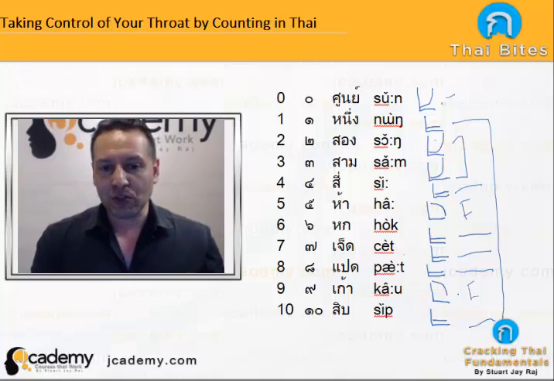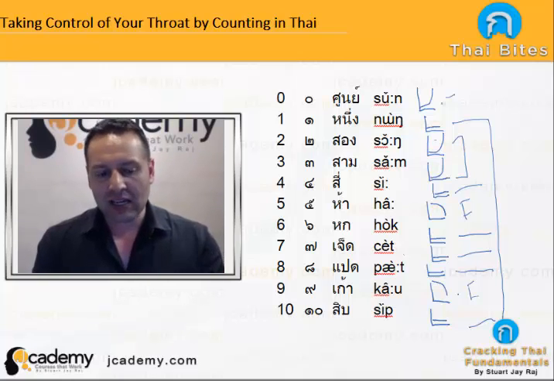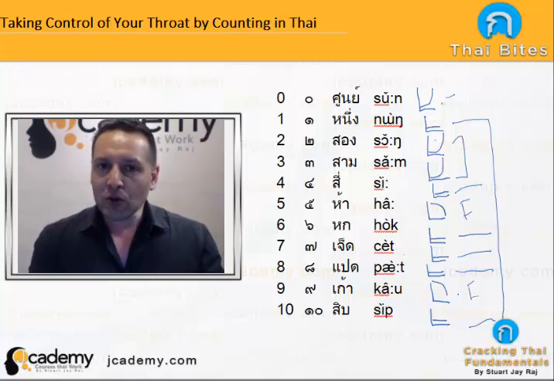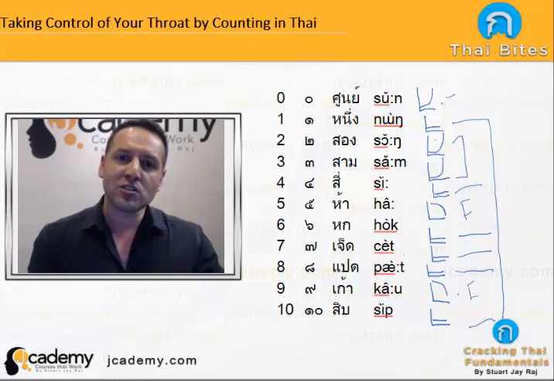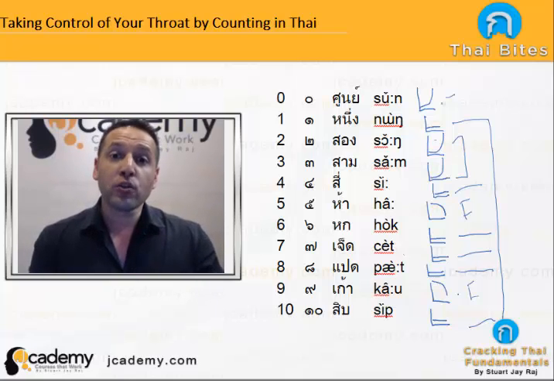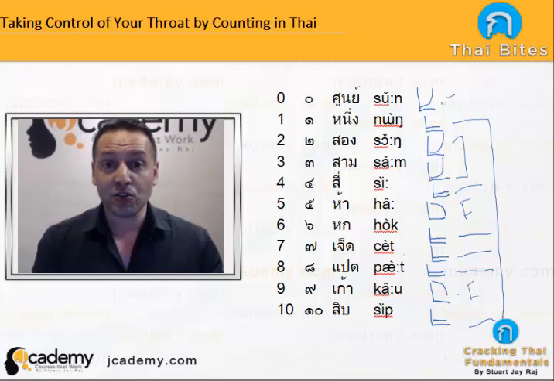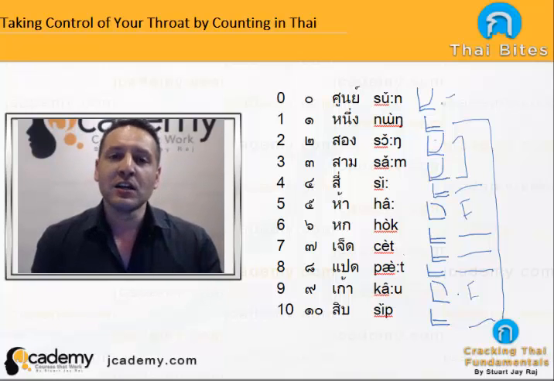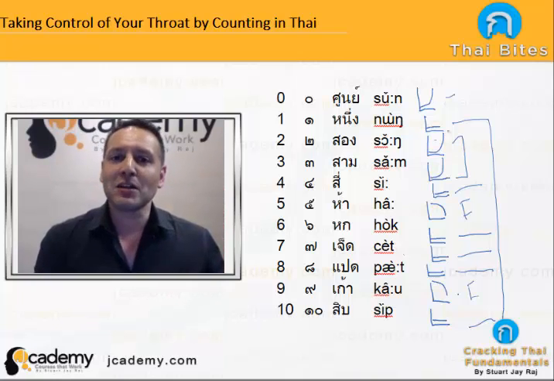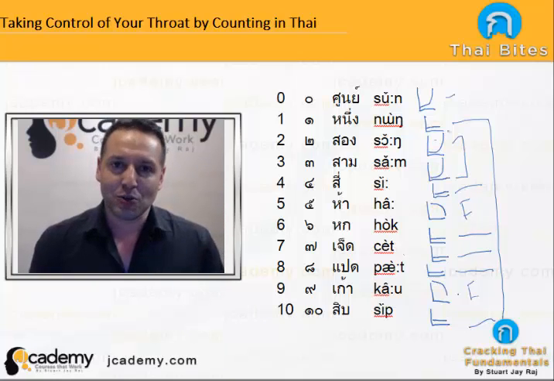You'll be surprised because once you use these numbers as a guidepost, you'll notice that all these tones in your throat positions is going to flow on into all the rest of the Thai that you speak, and it's going to sound a lot more clear. You'll speak much more clearly, and native Thais will have a much easier time listening to you when you're speaking Thai.